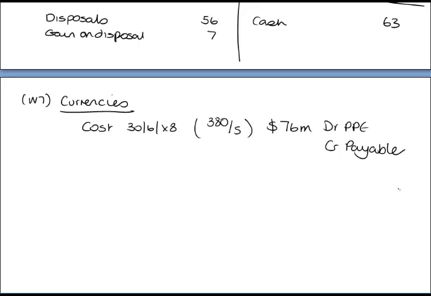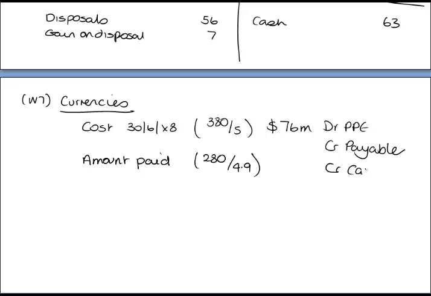We're then told that we paid 280 million dinars. So the amount paid was 280 million dinars on the 31st of October, when there were 4.9 dinars to the dollar.